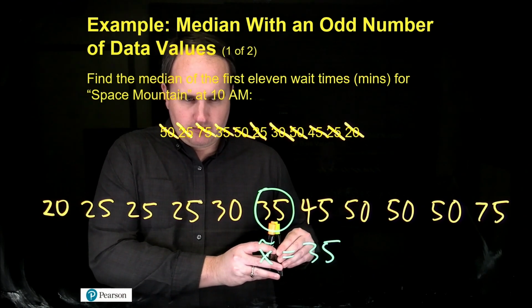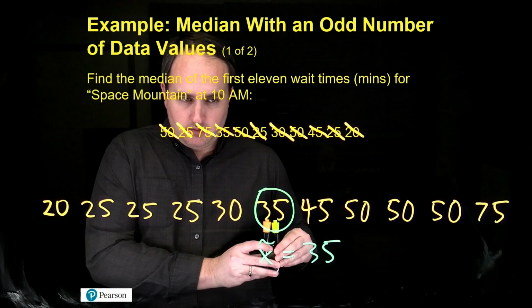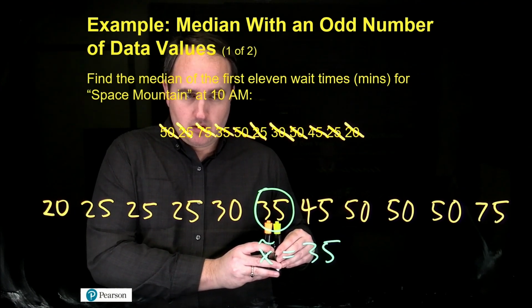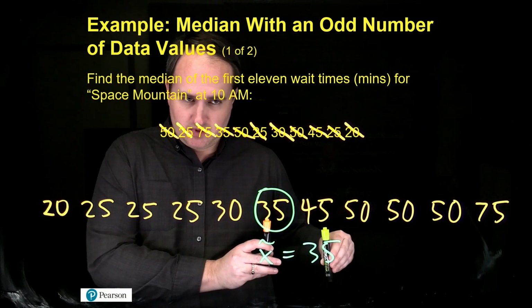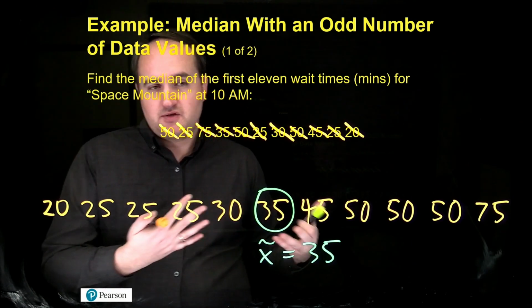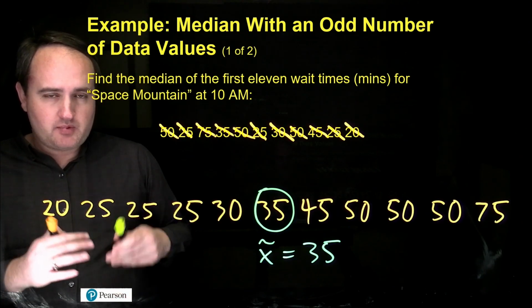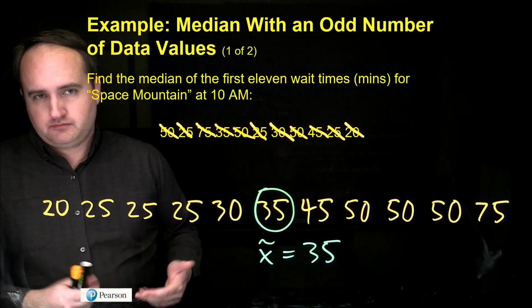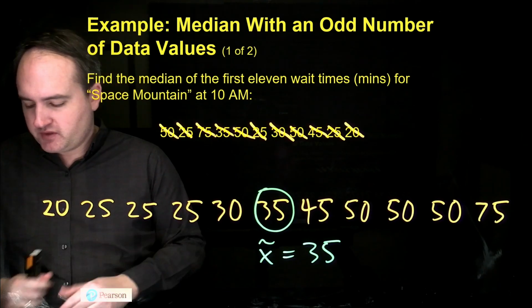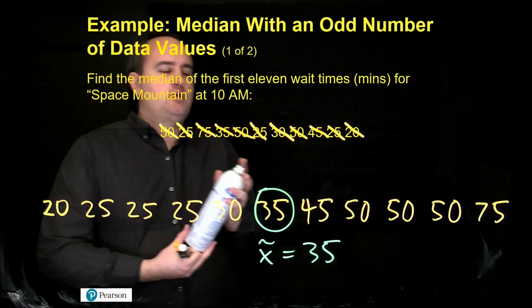And then when you're at the middle, you will see that there's either one number in the middle, like in this case, or there will be 2 numbers in the middle. And if there are 2 middle numbers, that means you have to average them or add them up and divide by 2, technically taking the mean of the 2 middle values.